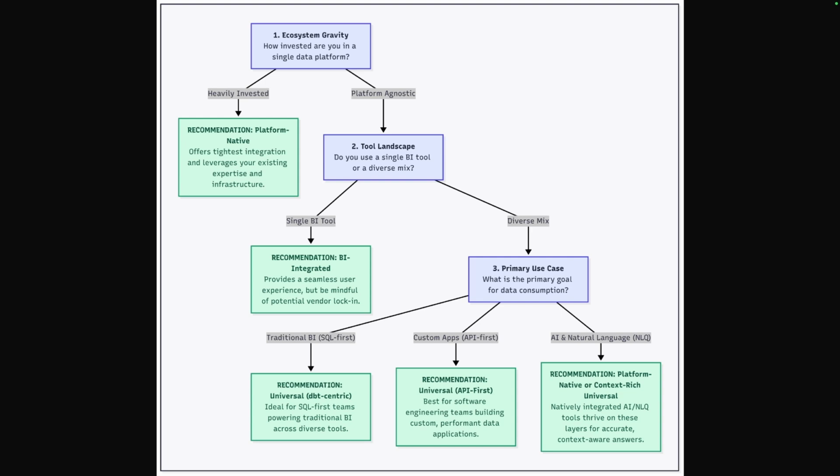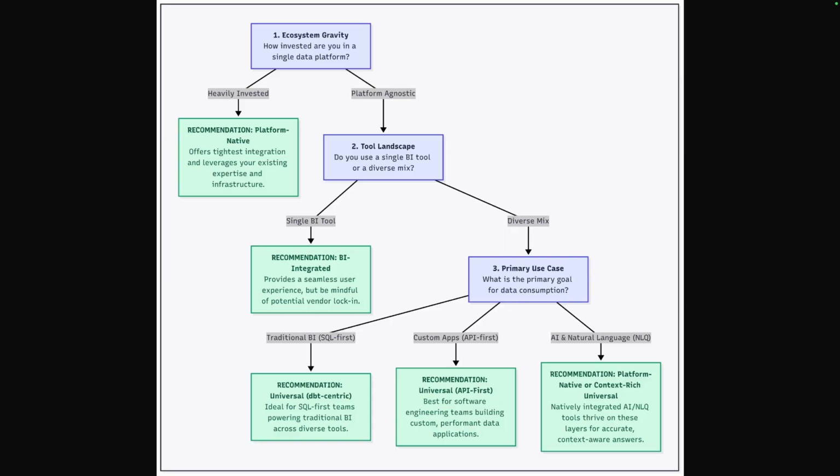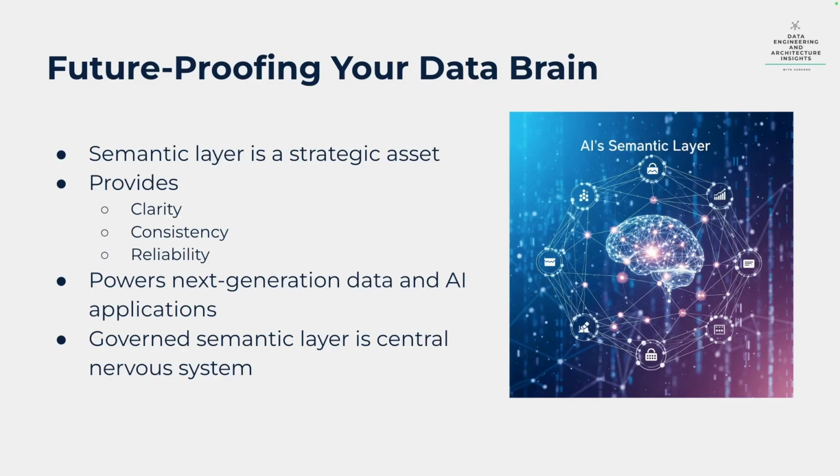If you have a diverse mix of applications and you value things like an API-first approach, an additional technology such as Cube might be the best choice for you. Most importantly, you have to consider which works best for you and what your long-term requirements are. Remember that AI is upon us, and that the need for semantic layers that support AI will become even more prevalent in the future.